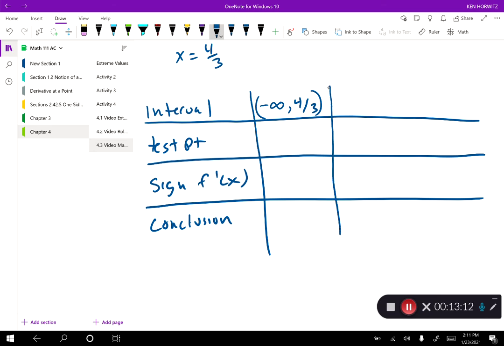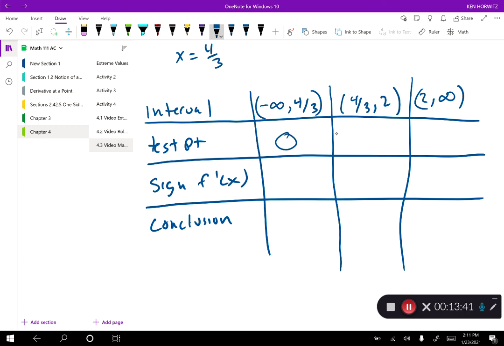That is the first time that I'm allowed to change direction. Then I'm going 4/3 to 2 and 2 to infinity, because once again, between 4/3 and 2, I'm going in the same direction. 2 is the only place where I could change direction. Therefore, I only really need to test one number in the interval.